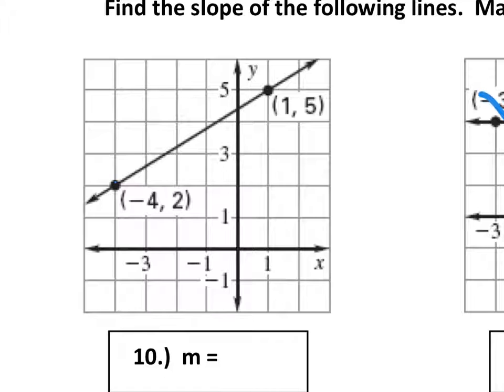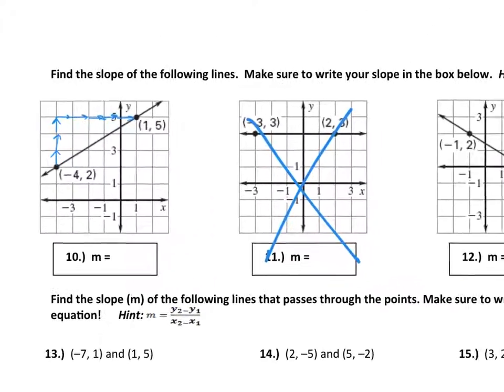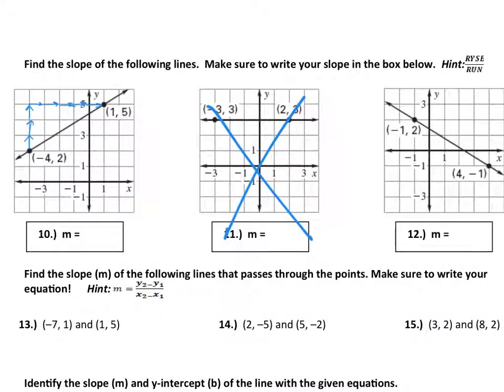Back it up. How many do we go up and over to get to the other point? Remember, if the line's going uphill, should be a positive slope. If it's going downhill, it'll be a negative. Okay, so that's what you got to do for both 10 and 12.